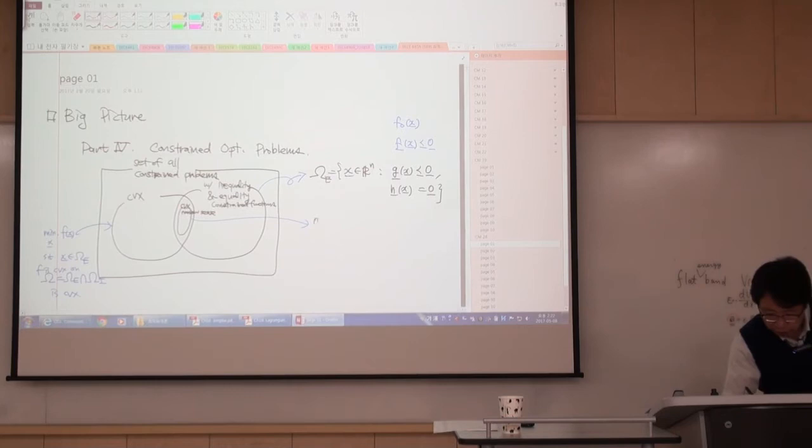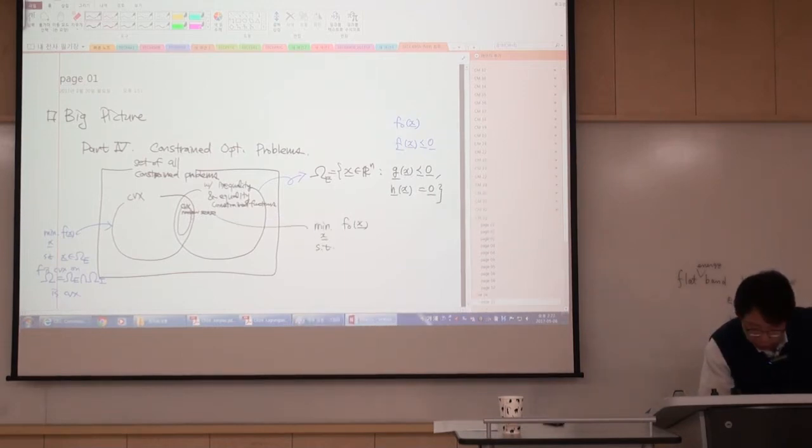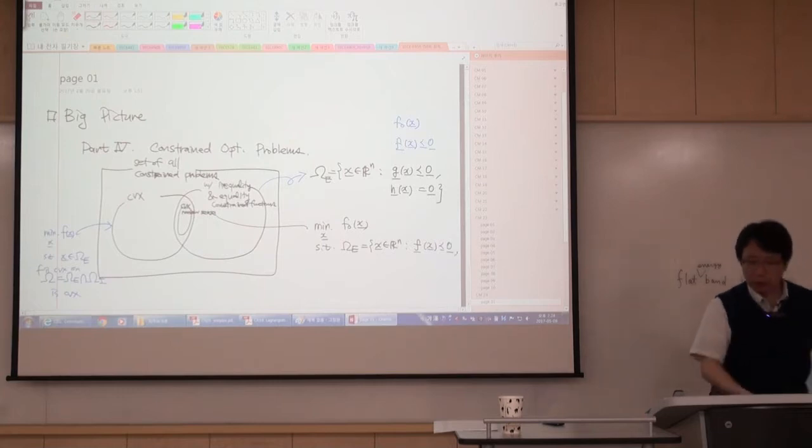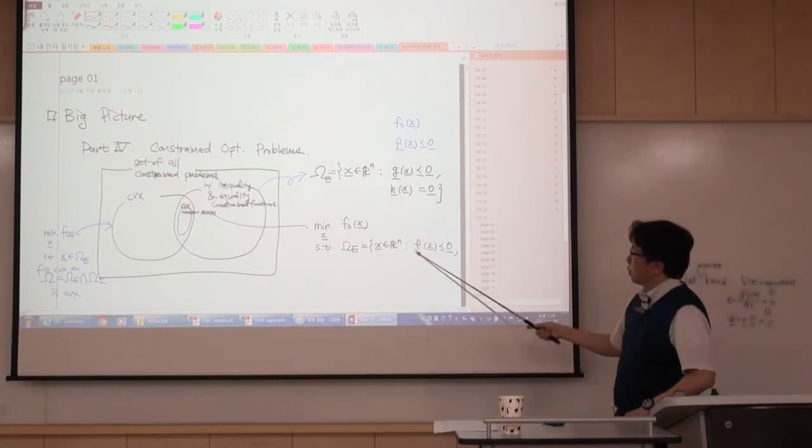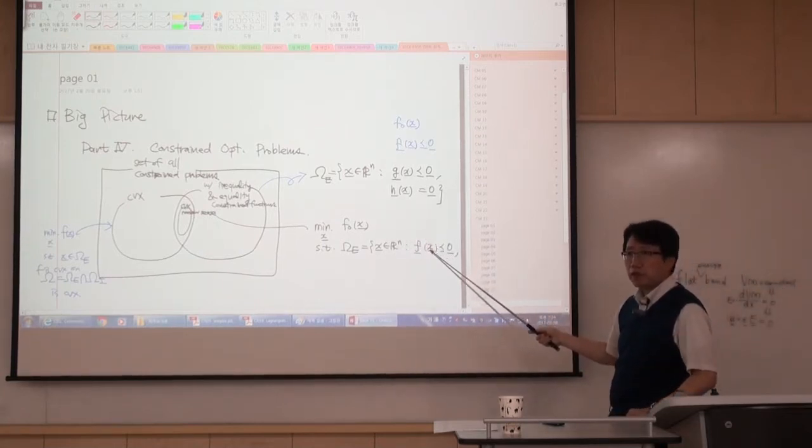His convex problem in a narrow sense looks like this. You minimize a convex function subject to our constraint set, where the explicit constraint set is written with a little more structure. So we have a convex vector valued function. What does this mean?